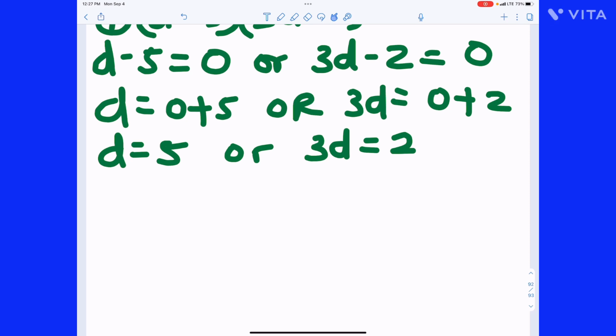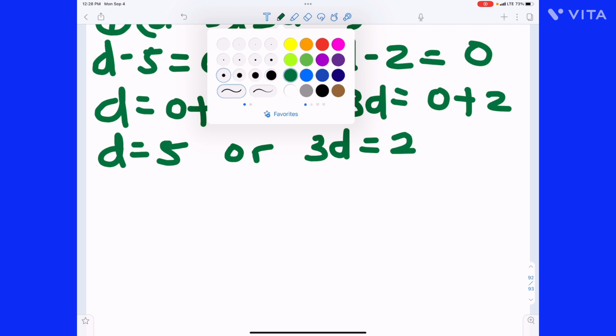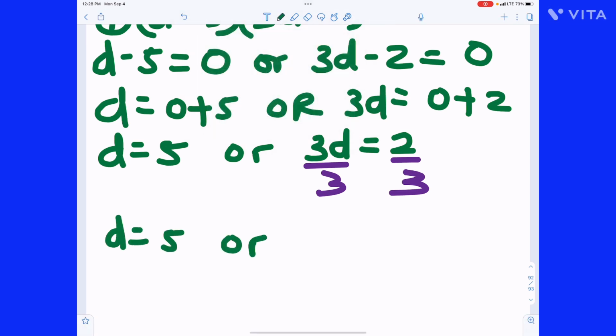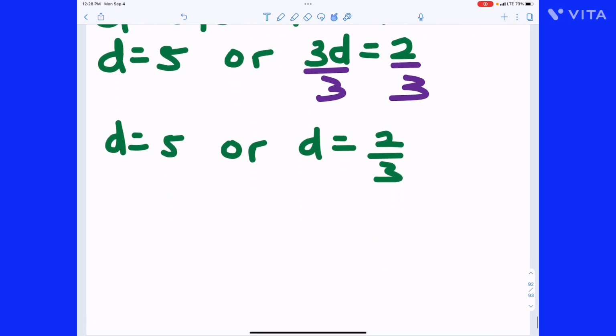I'm supposed to divide both sides by 3. So that will give me D is equal to 5 or D is equal to 2 over 3. If you cannot write now, maybe you listen, I'll send it to you when we are done.